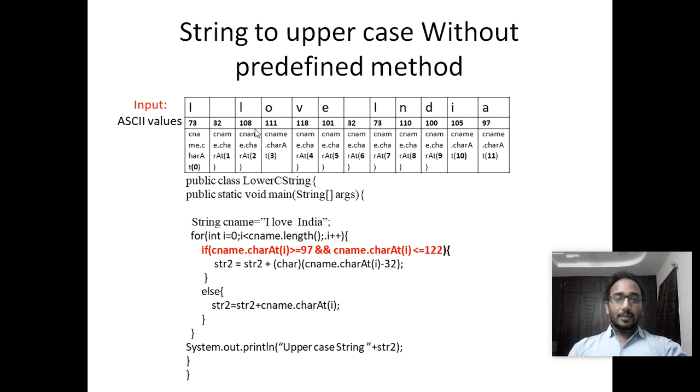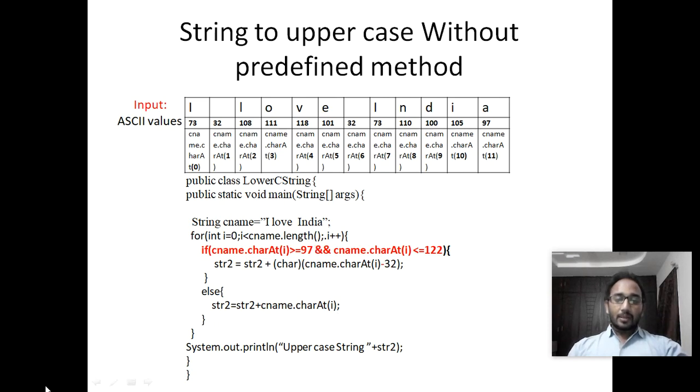In the same way, we are going to convert a string text to uppercase text. For this, again, we need to get the characters by using the charAt method. Now, only one change we need to make: the characters whose ASCII values lie between 97 and 122 will be reduced by 32. The rest of the character ASCII codes will remain the same.